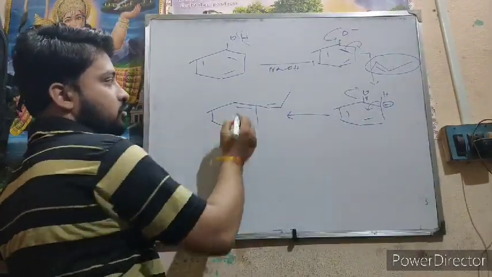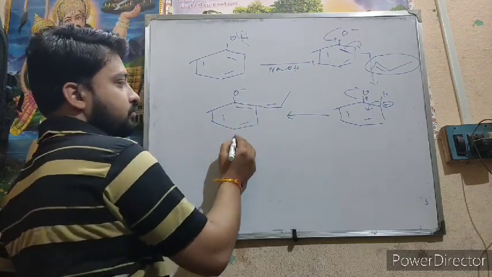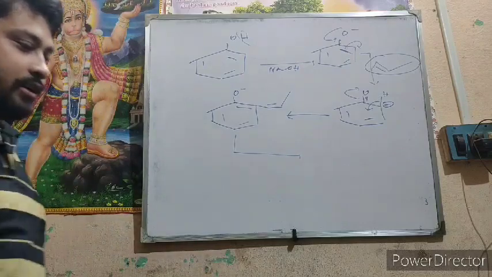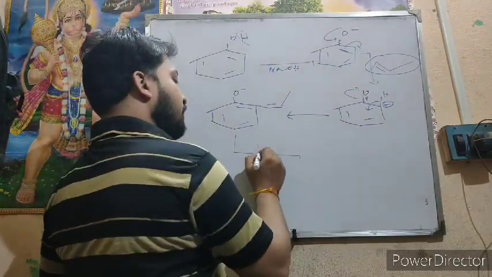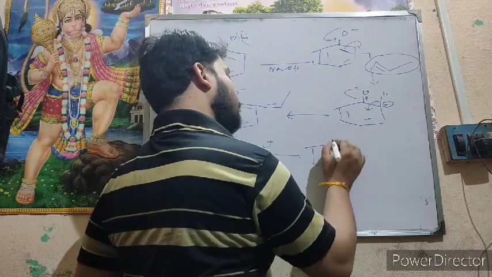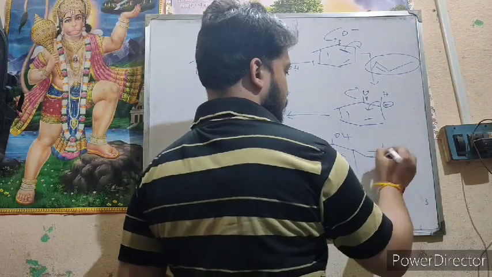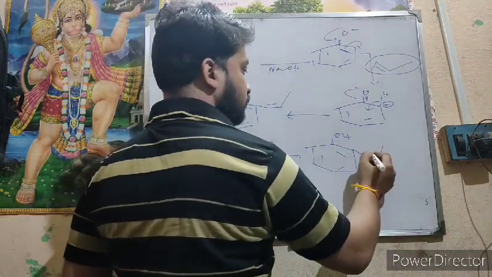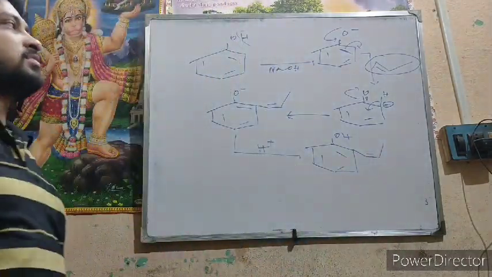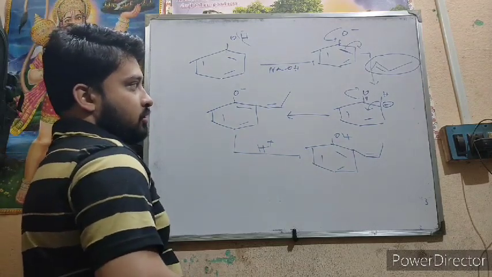So you get O minus here, and then acidify it. If you acidify it, this is OH and you get this. Very easy process. Okay.